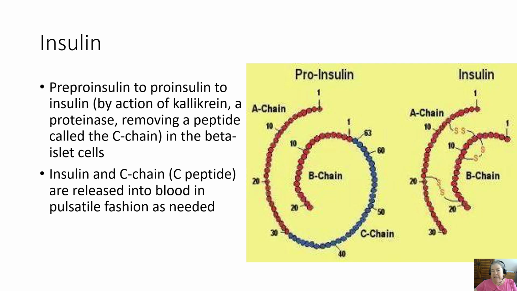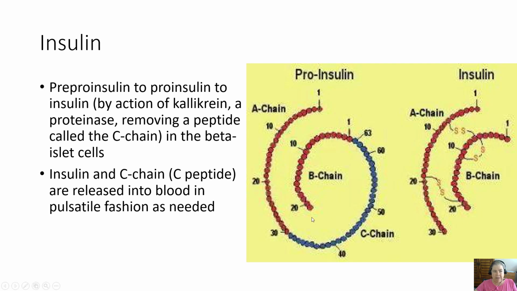Insulin, as I said, is a polypeptide. It is made in the pancreas as a substance called preproinsulin. The preproinsulin has a peptide that is removed. That peptide is called the C chain.